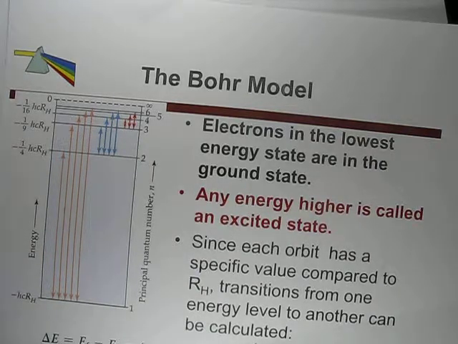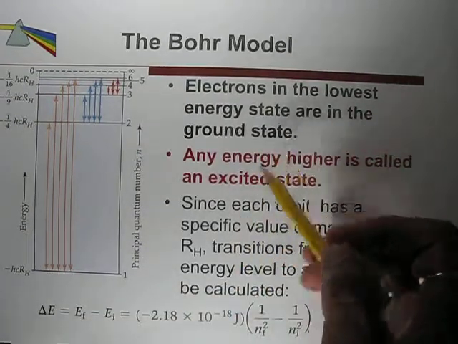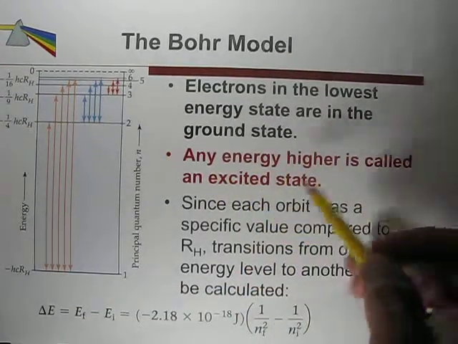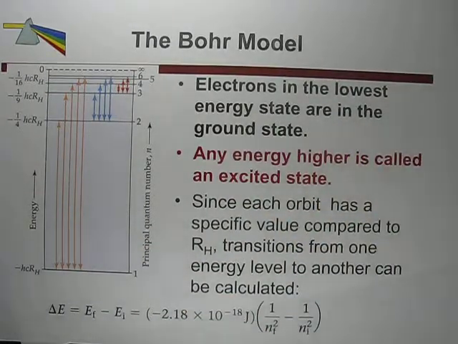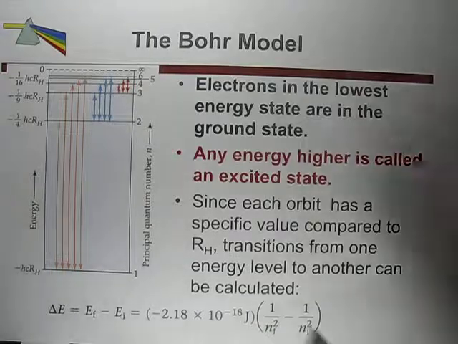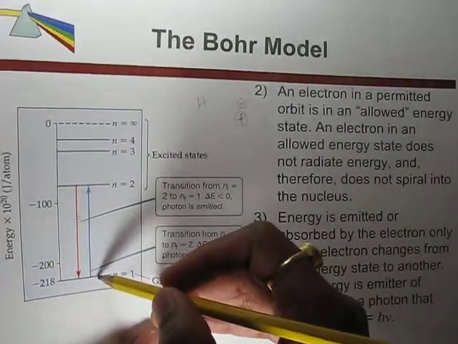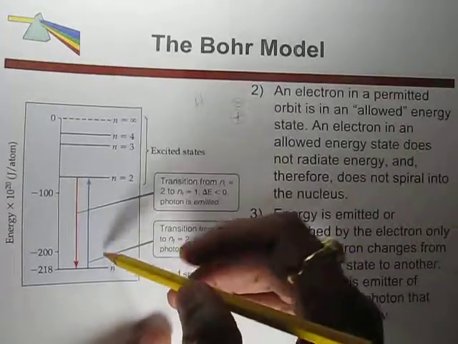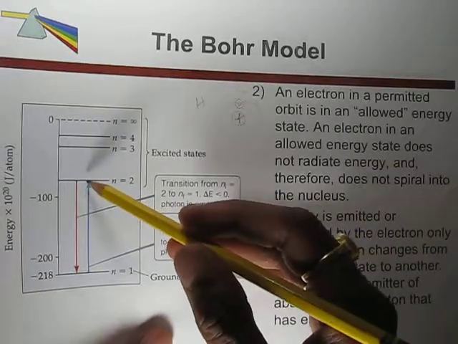The Bohr model said that electrons in the lowest energy state are in the ground state, and any energy state higher is called an excited state. According to the previous slide, if the electron is at this energy level and goes up, it will be in an excited state.